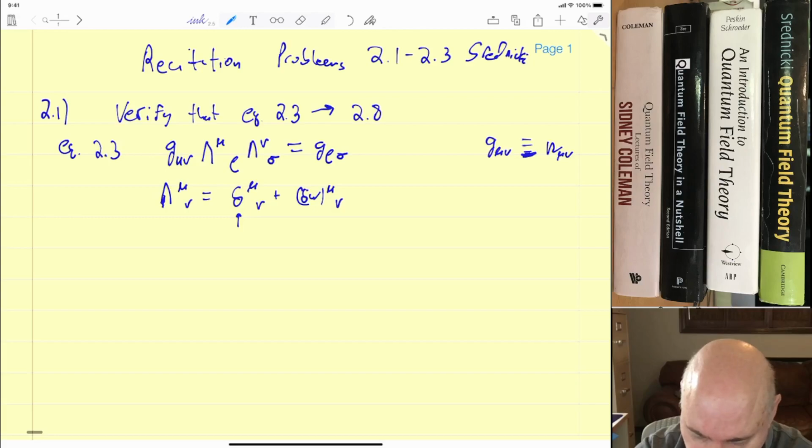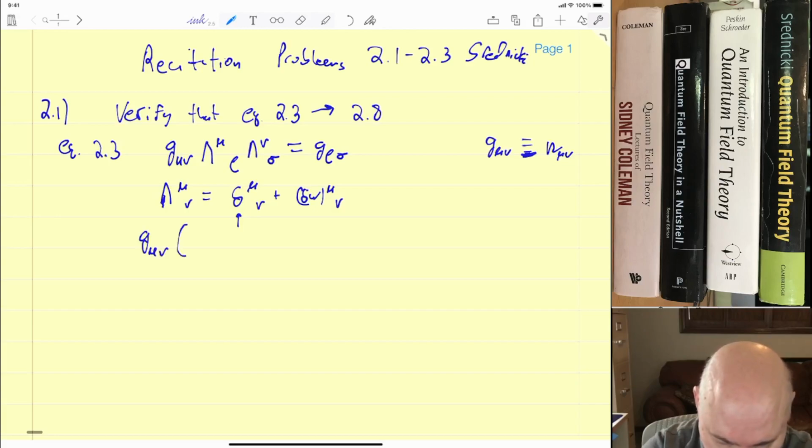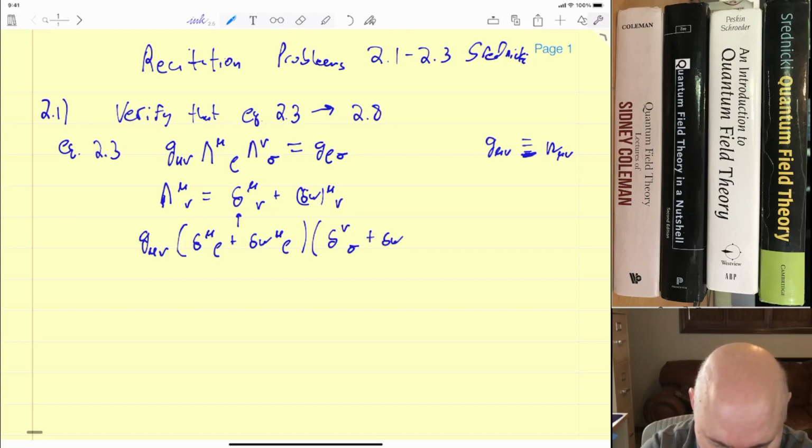So let's substitute the lambda into here. And we get g mu nu times delta mu rho plus delta omega mu rho, times delta nu sigma plus delta omega nu sigma, equals g rho sigma.